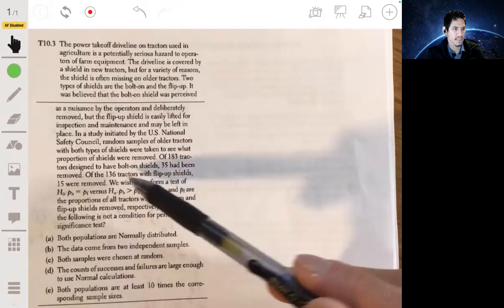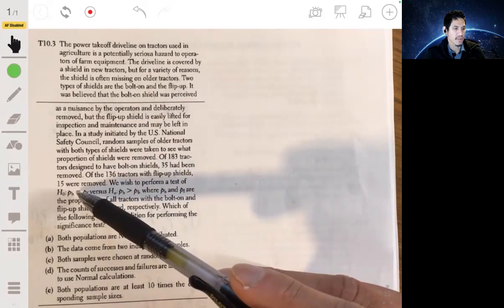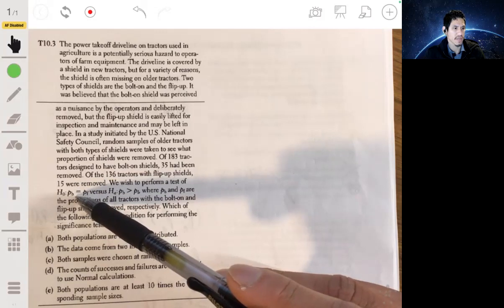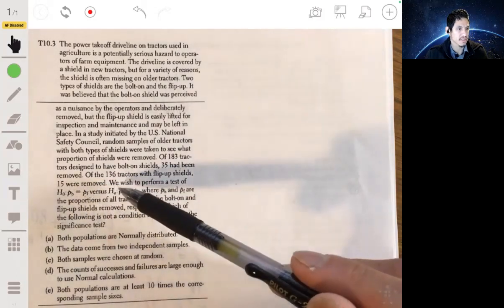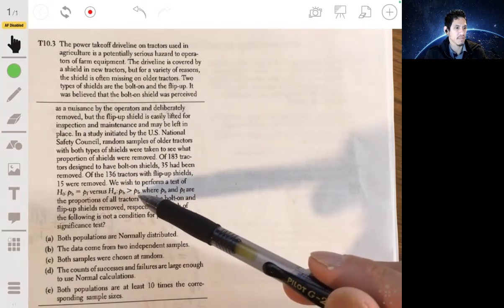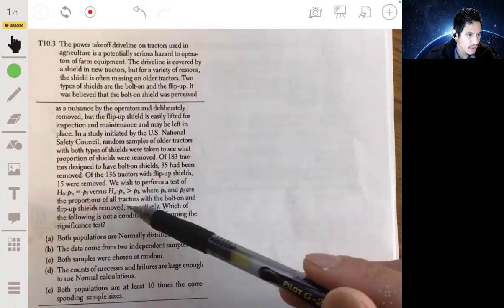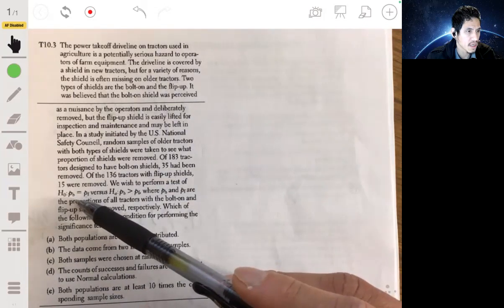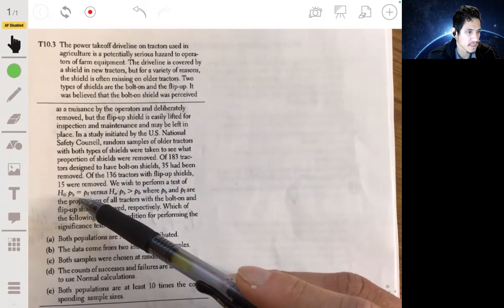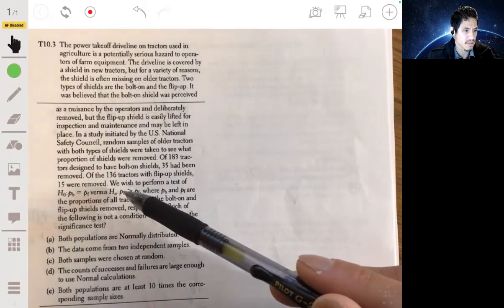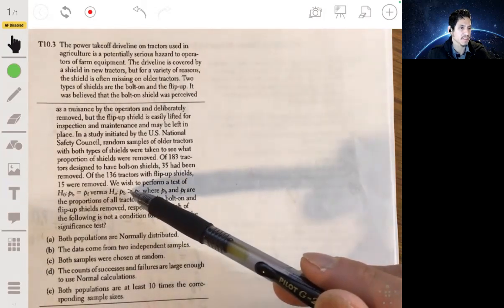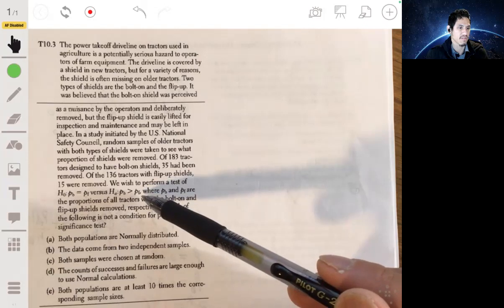We wish to perform a test of H0, our null hypothesis being that PB is equal to PF versus the alternative, PB is greater than PF. So basically the proportion of the bolt-on shields is equal to the proportion of the flip-up shields, and the alternative is saying that the proportion of the bolt-on shields is greater than the proportion of the flip-up shields.